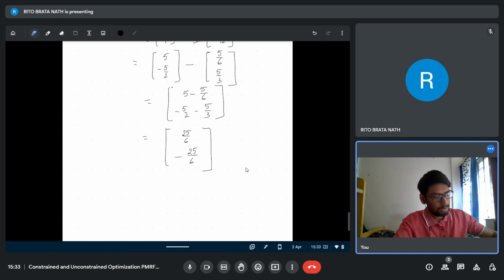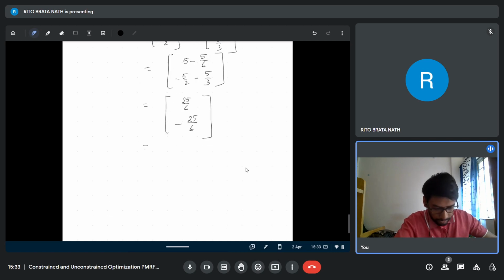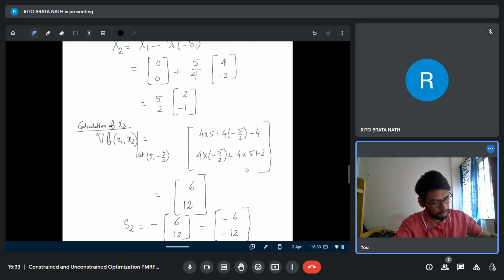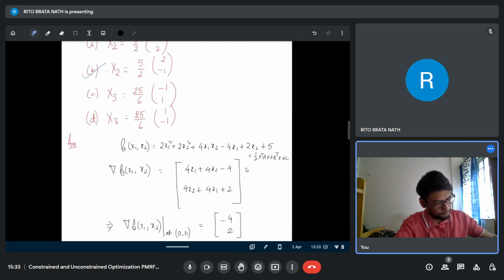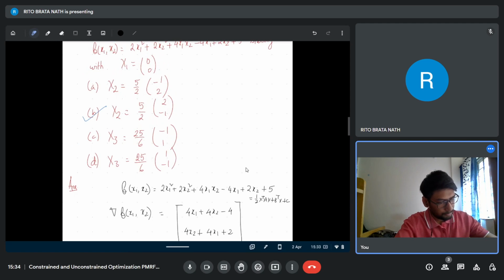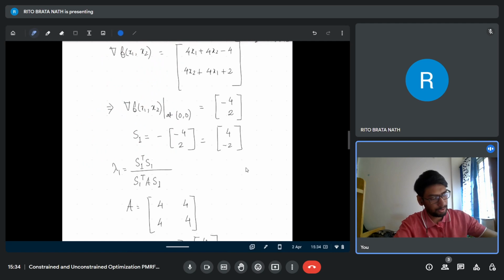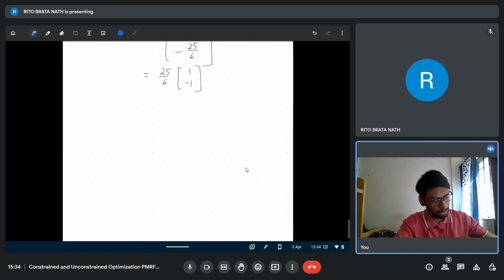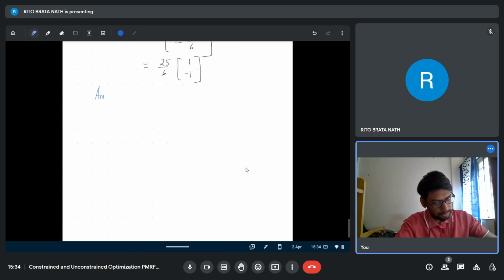If you take 25 by 6 as common, this is 1 minus 1. So I think option D would be also correct. So option B and option D, those will be correct in this case. So the answer is option D. That's all about the first problem.